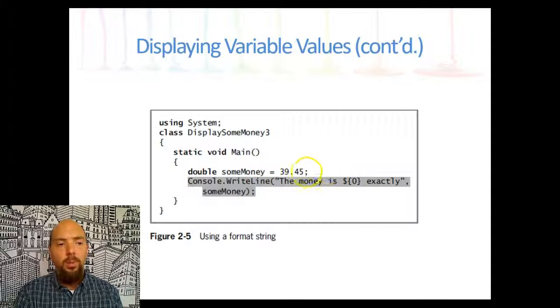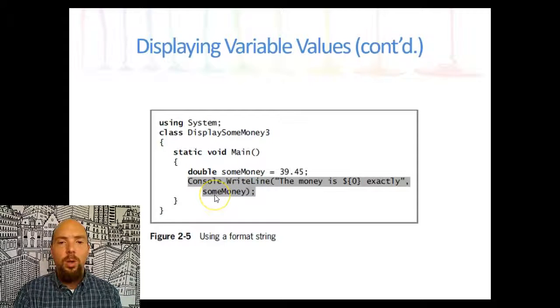So in this example, it says "the money is $0 exactly", and then down here we have a comma, and then some money. If you notice, our literal portion of it is in quotes, which tells the system, hey, this is text, comma, and then this is a variable location that we're trying to reference. So we want to read in whatever's here.